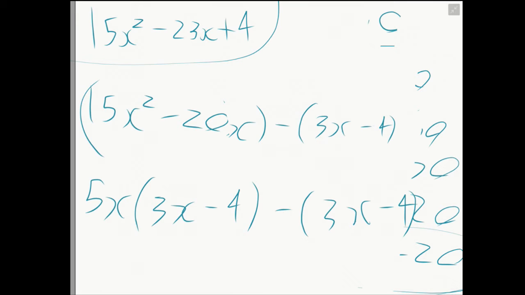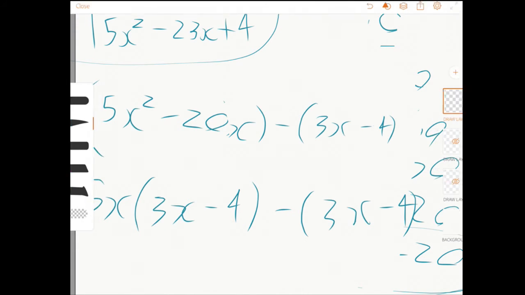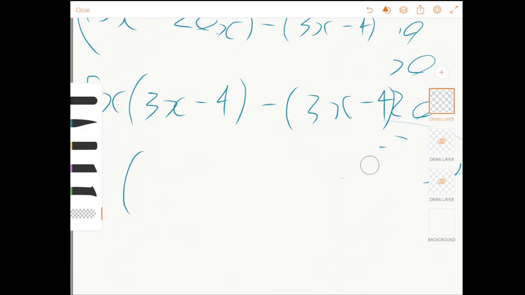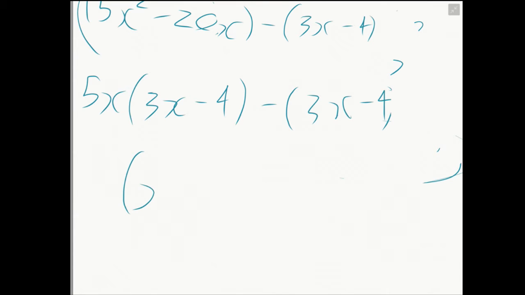Sorry. Okay. Now, we once again have a greatest common factor. So let's rewrite our greatest common factor, which would be 3x minus 4.